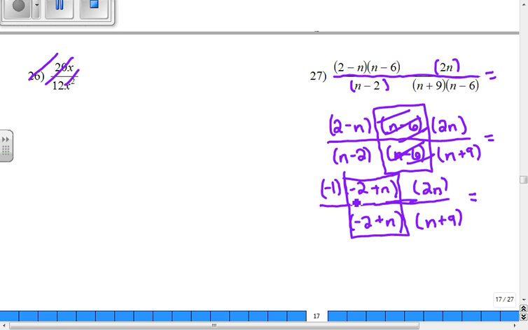So we're going to cancel out this portion. Which leaves us with negative 1 times 2n. Well, negative 1 times 2n is negative 2n over n plus 9.